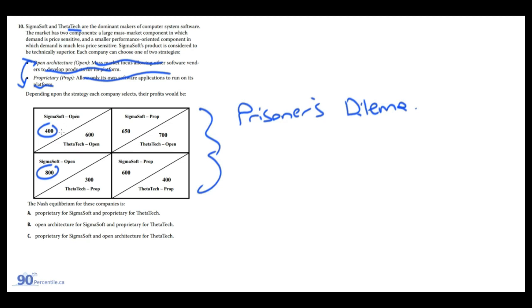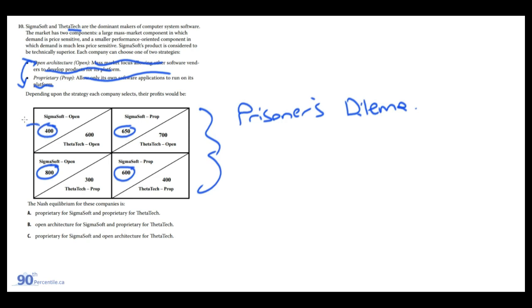If Sigmasoft is open and Theta Tech is open, Sigma gets 400. If Sigma is open and Theta is proprietary, Sigma gets 800. Whereas if Sigma is proprietary, they get 650 and then 600. So there's actually a range of values.